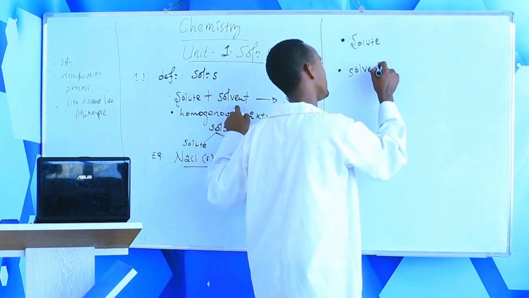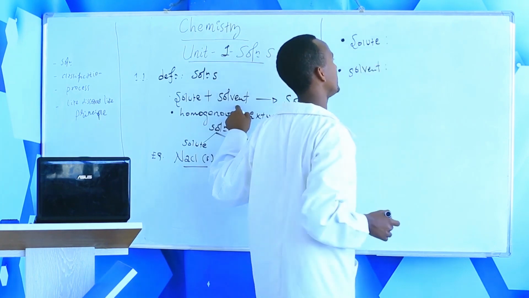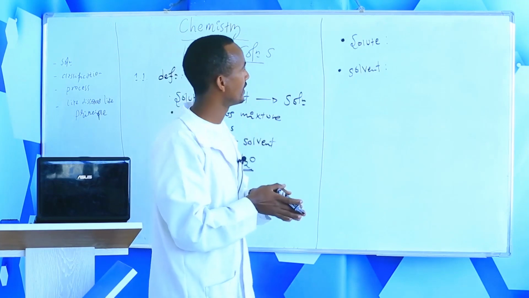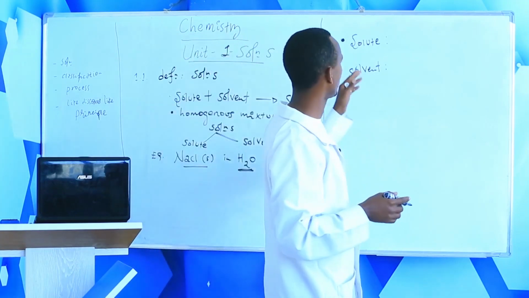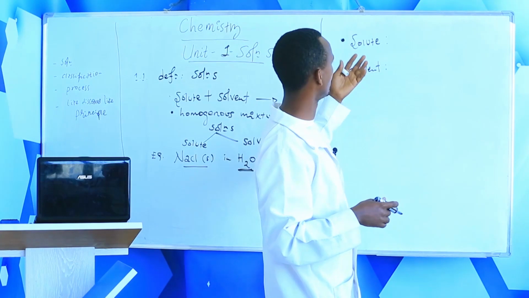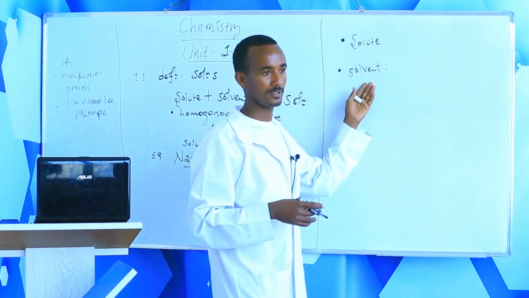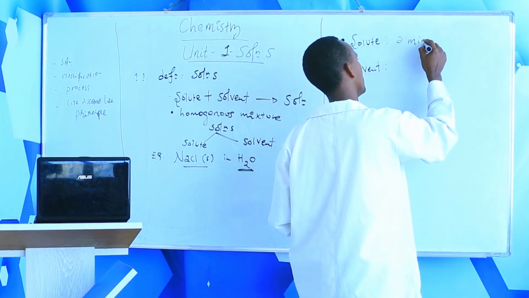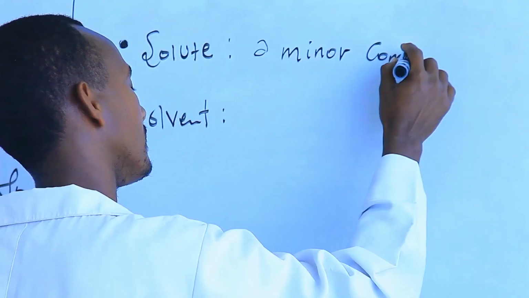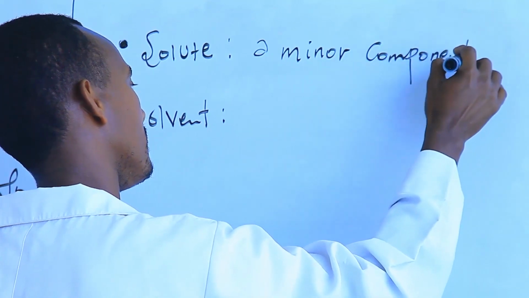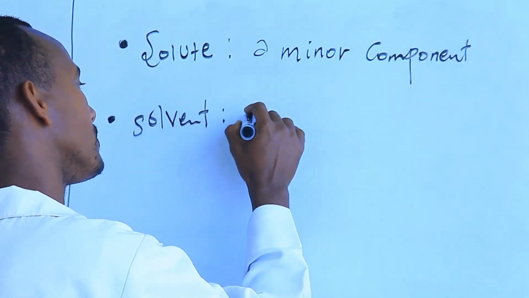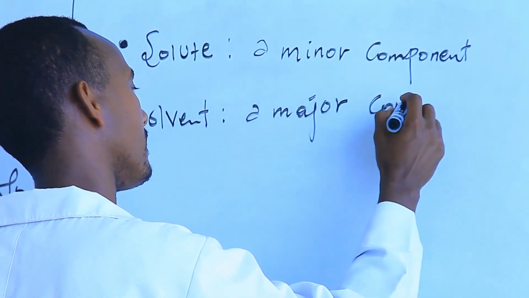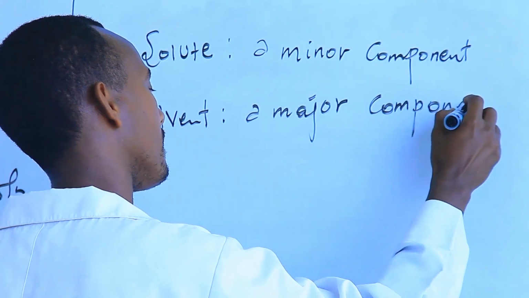Most of the time, if the physical states of the solid and the solvent appear the same, we can use this definition to separate the solid and the solvent. Solid is a minor component, whereas solvent is a major component. Okay? A major component. What does it mean?